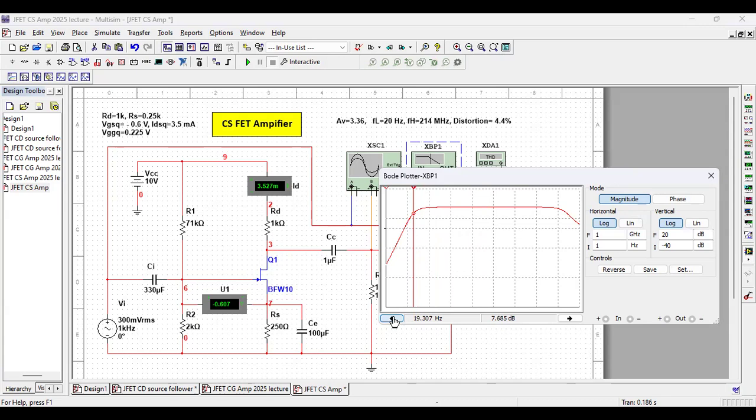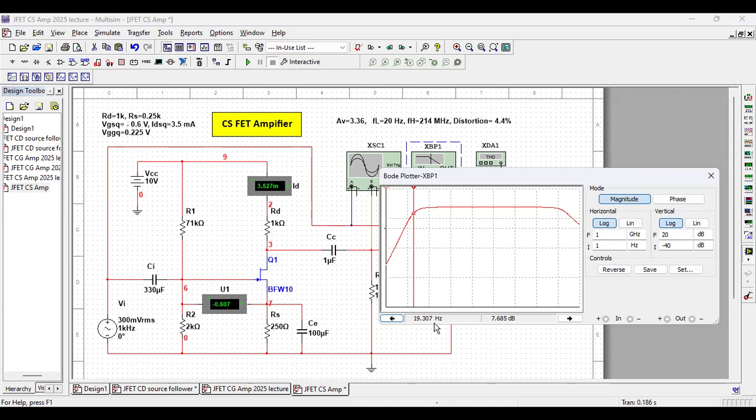It is only 19.3 hertz, something like 20 hertz. So it has a very good low frequency gain. Whereas in a BJT, the low frequency cutoff will always be something like 100 hertz or above. That also is a good design practice.